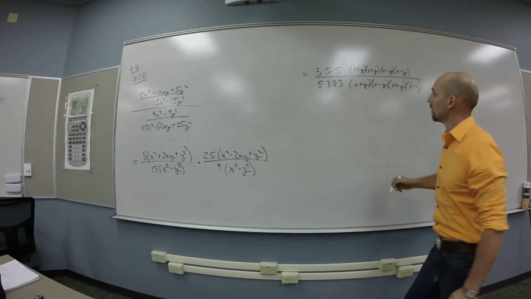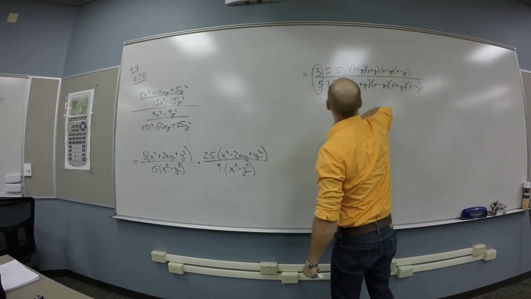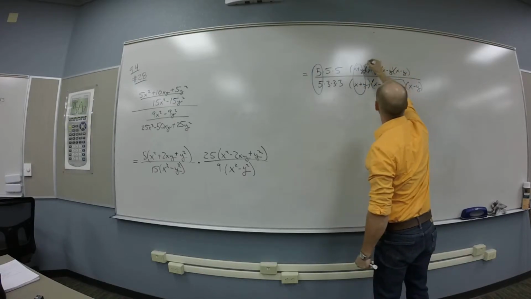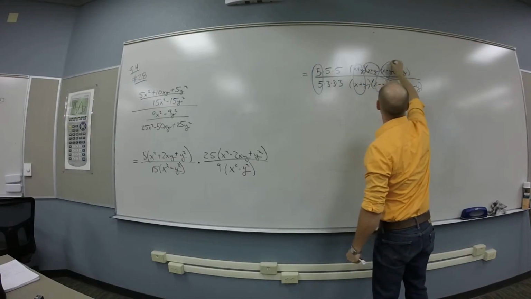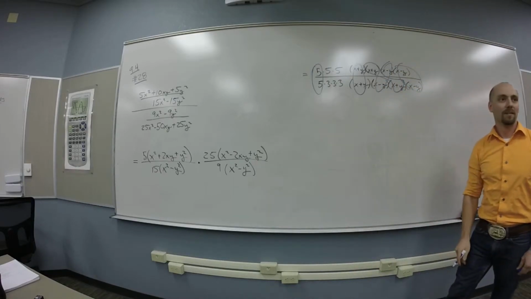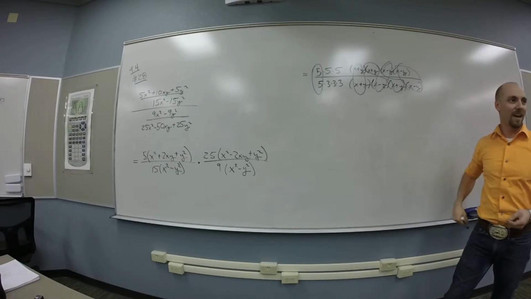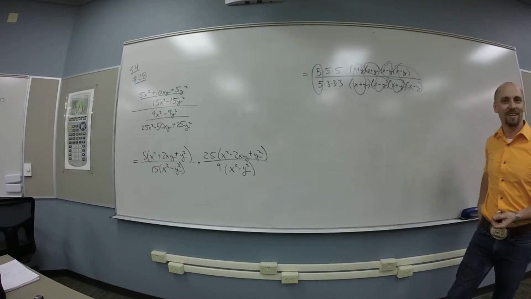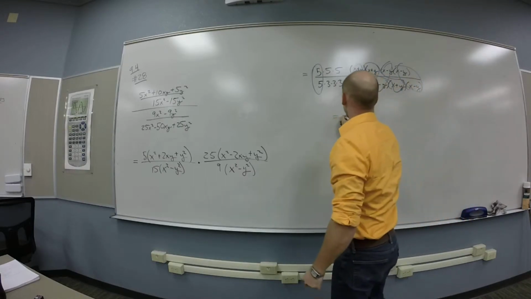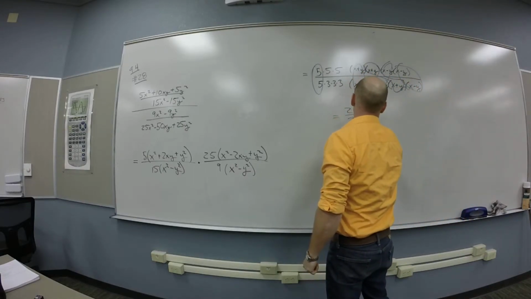So it's just 10 over 21. Close. So that'll cancel, this'll cancel, that'll cancel, that'll cancel, that'll cancel, right? So I'm left with not 10 over 27, but 25 over 27.